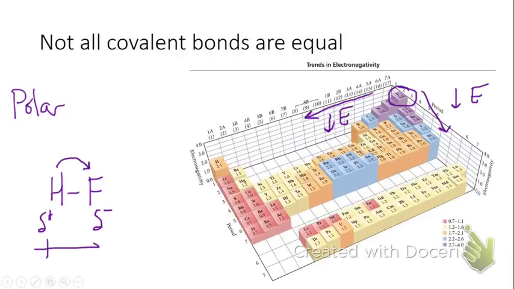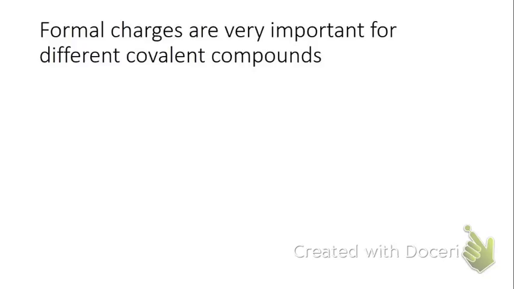We can draw an arrow like this, where the cross is for the positive side and the arrow points towards the negative, right? And so the electrons are shared more with the fluorine than with the hydrogen. It's very important that we remember these electronegativities, because we're going to talk about formal charges, right?